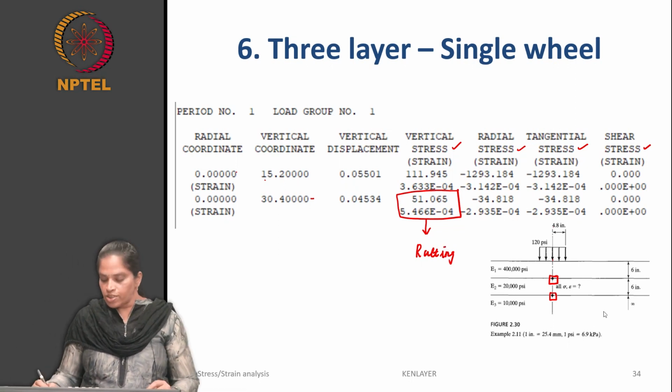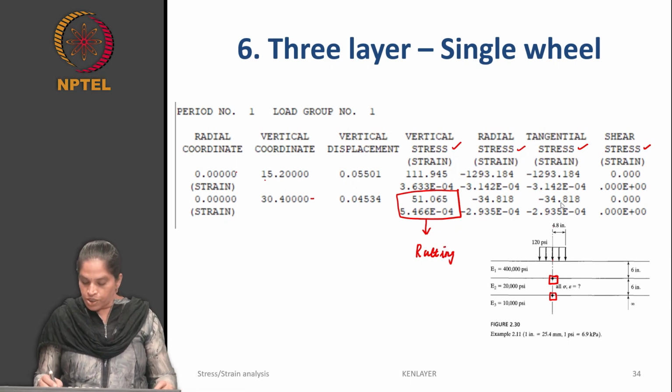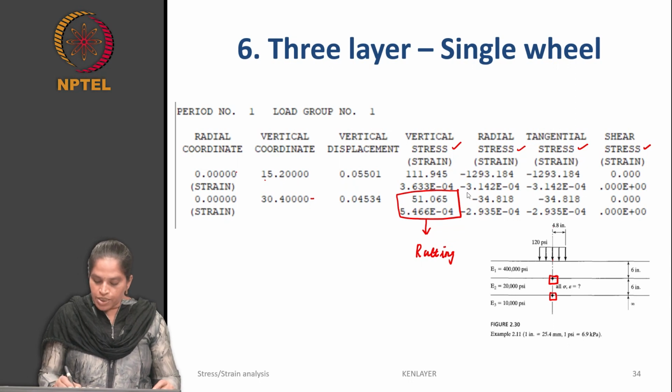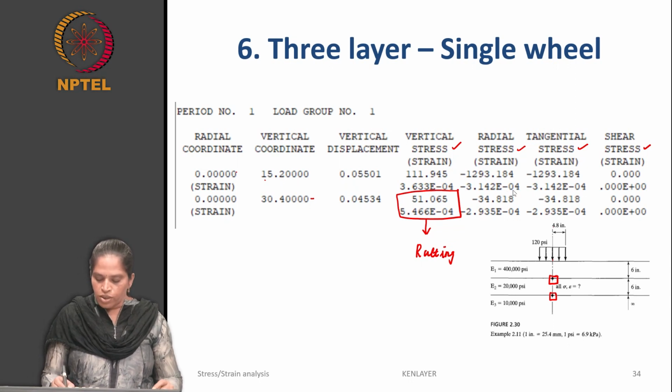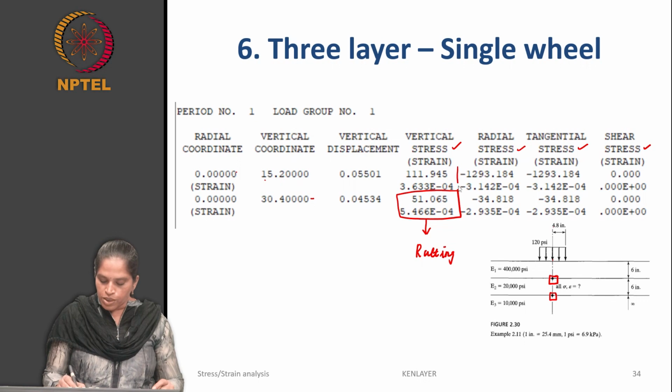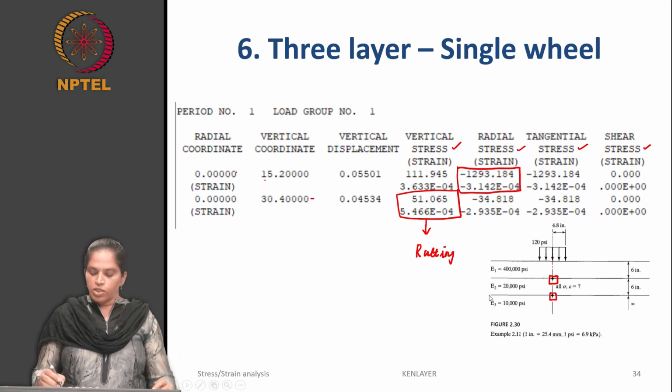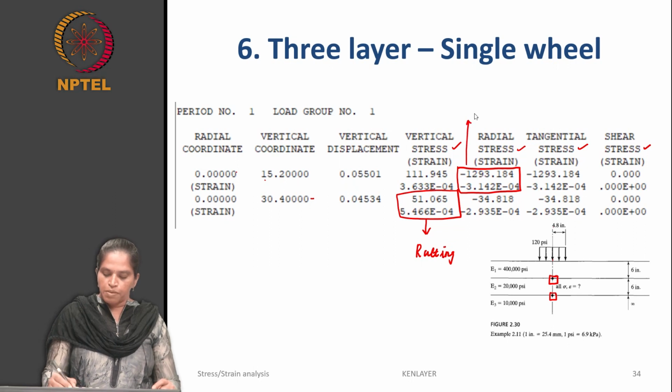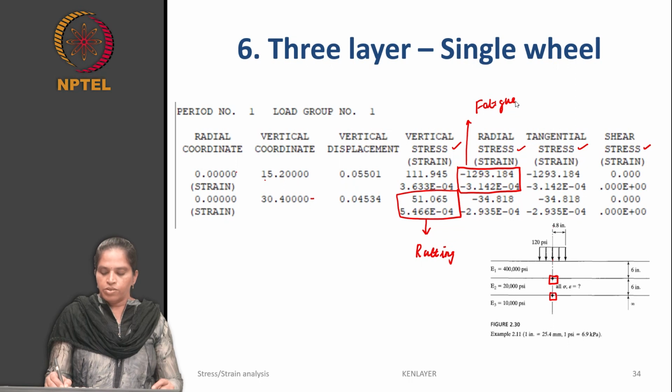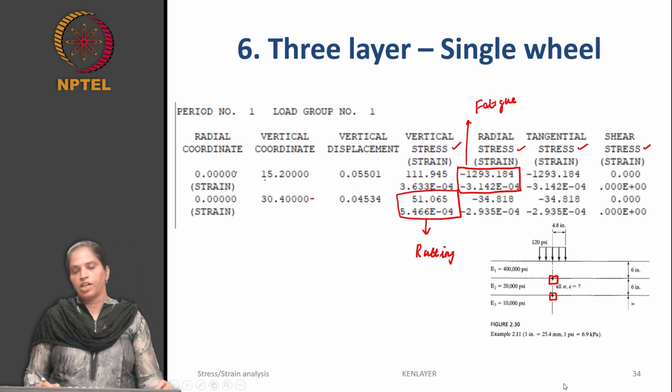And the maximum tensile strain, which is minus 3.142 E minus 4, or the corresponding stress, this value is going to influence the fatigue damage in the asphalt layer. So these are the critical stresses and strain we will be using further in the design.